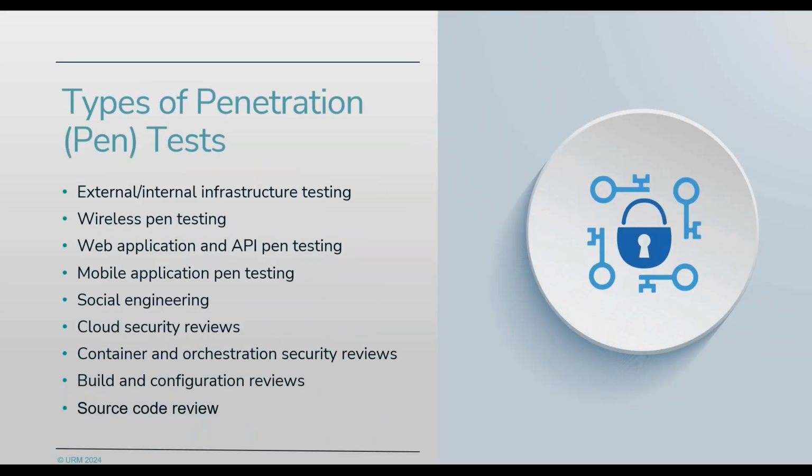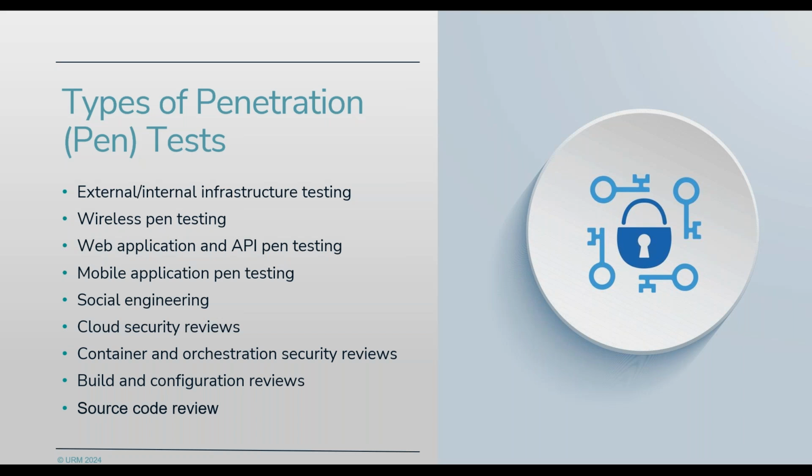First things first, let's talk very briefly about the different types of pen tests that organizations can have completed. Typically when we talk about penetration testing, there's a wide variety of tests that we can perform and that companies typically look for, and these are summarized in this slide, which are the most common ones we see.